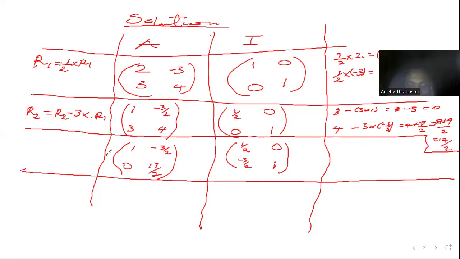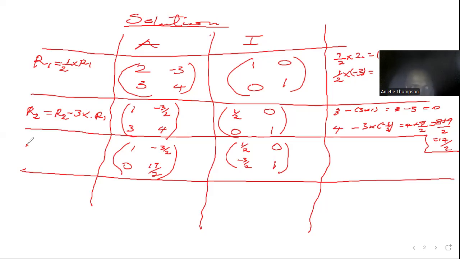So the next thing I will do is now be looking at the work. I want to make this place 0, and I want to make this place 1. It's easier to make this place 1 than to make this place 0. So I'll first make this place 1. So I will still deal with my row 2.